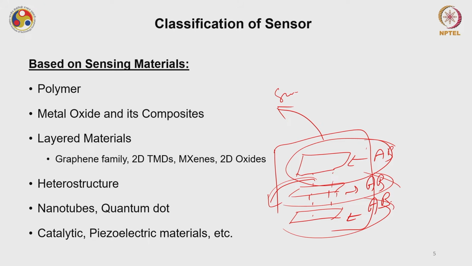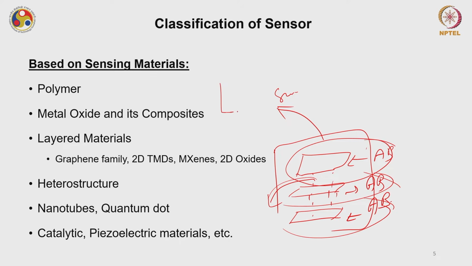Please note that the behavior of surface particles or surface atoms is different than the bulk material. Say this is a material, and these are the surface atoms and these are the bulk atoms. The neighborhood of these bulk atoms are similar atoms of this particular material, say AB.